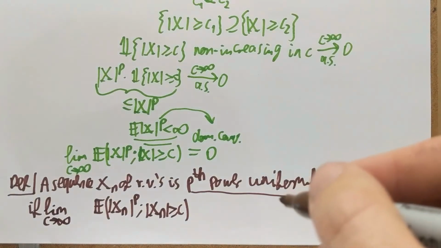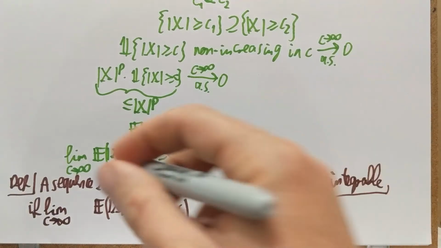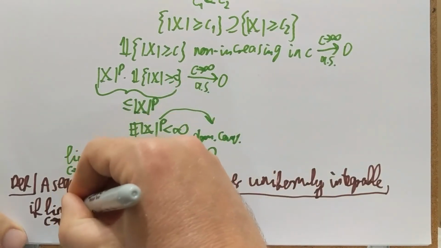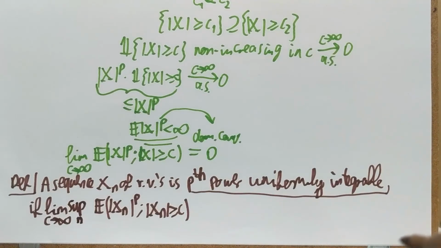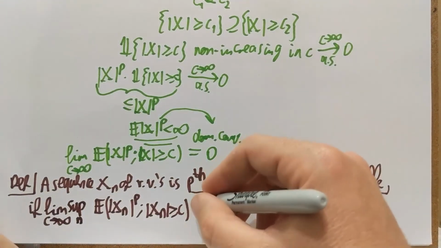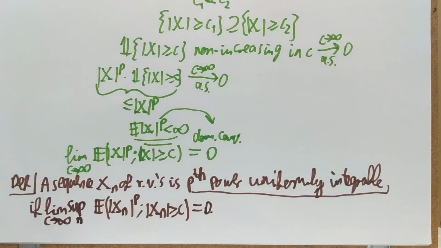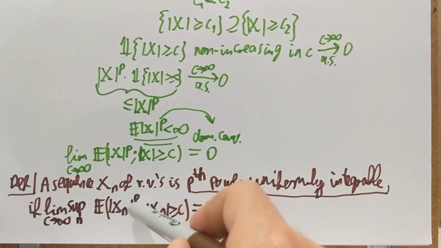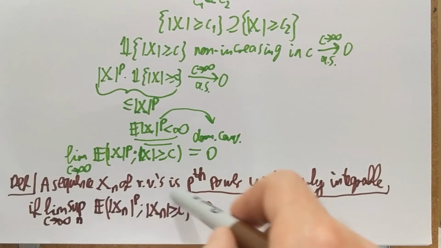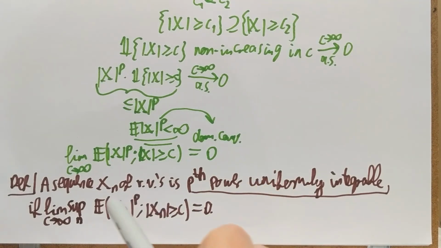However, the new thing, and it's very important, is that I'm going to look at the worst case scenario in n. So it happens uniformly in n that this limit is 0. Without the supremum, I would just be repeating myself. But the point is this supremum here: you look at this event that |X_n| is larger than or equal to c, you look at the largest of these expectations in n, so the worst case scenario in n, and then take a limit in c, it still goes to 0.